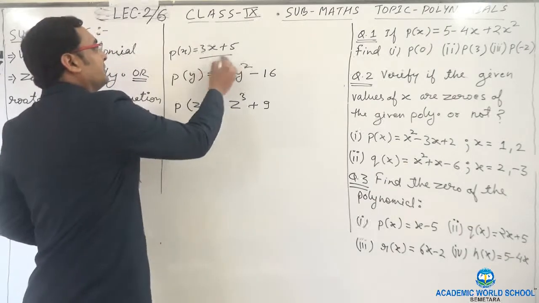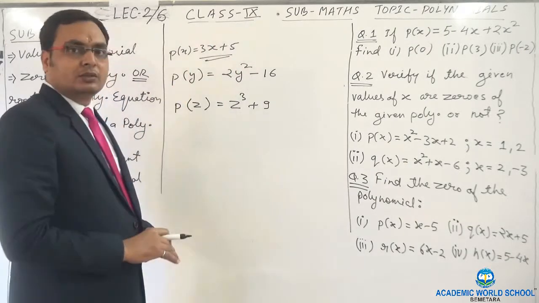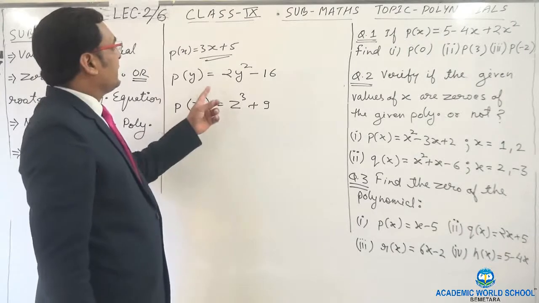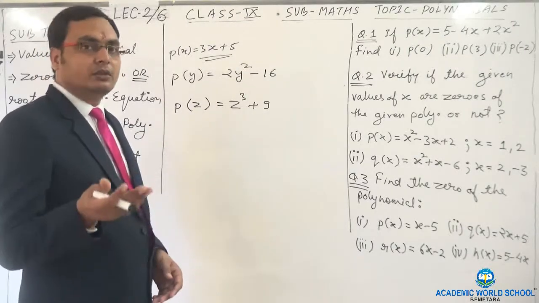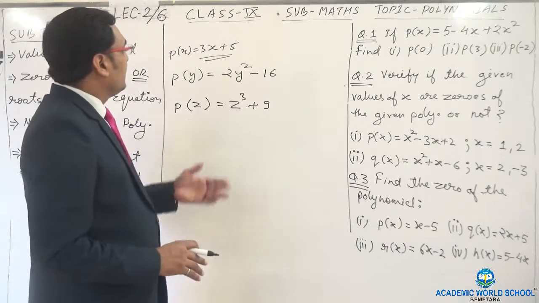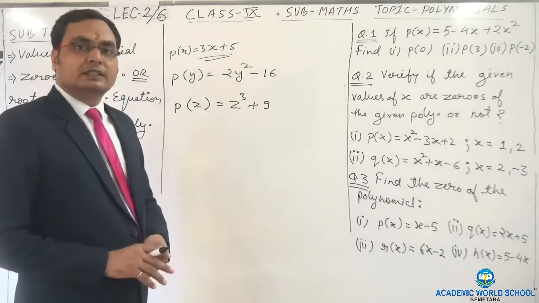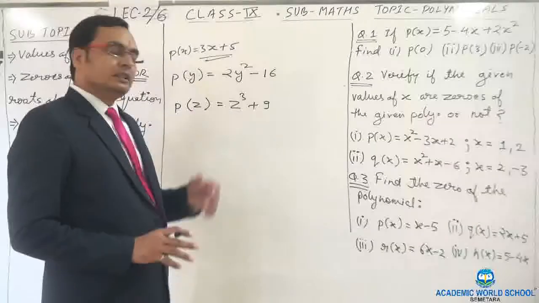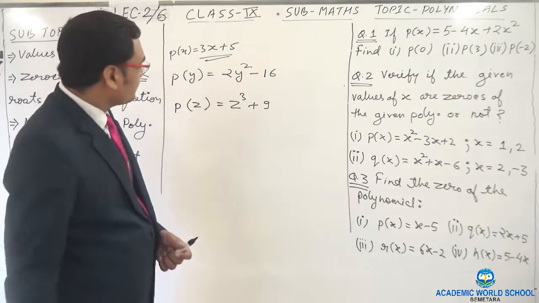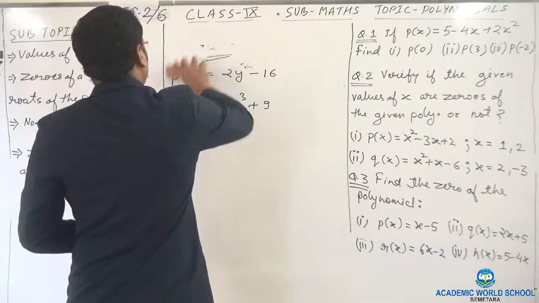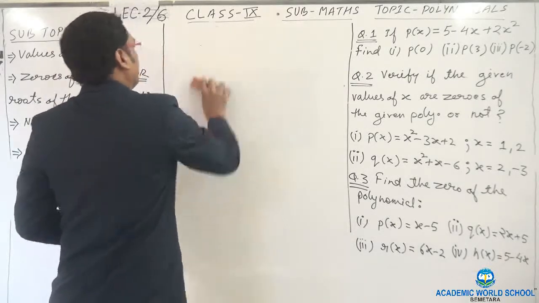A linear polynomial has degree 1, so it may have 1 zero. A quadratic polynomial has degree 2, so it may have at most 2 zeros, but less than 2 is also possible. A cubic polynomial, its degree is 3, so it may have at most 3 zeros, maybe less than 3 also. These are the number of zeros of different types of polynomials.